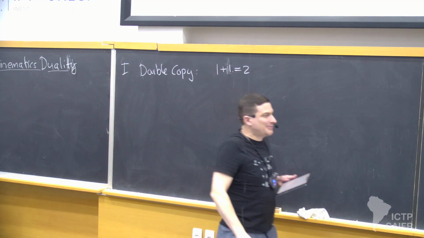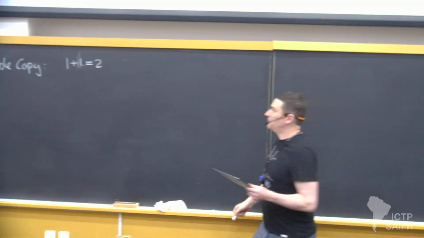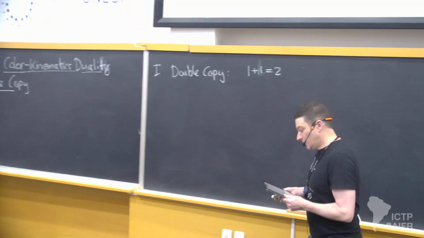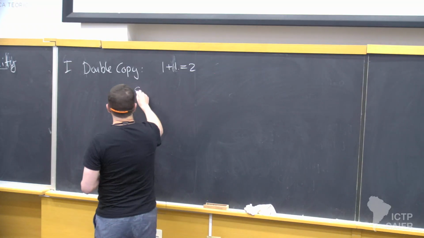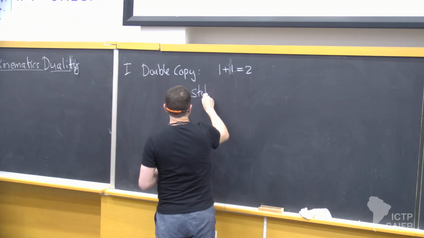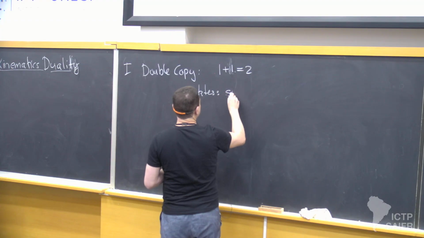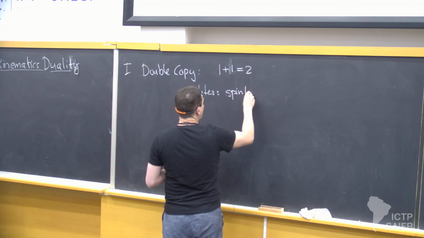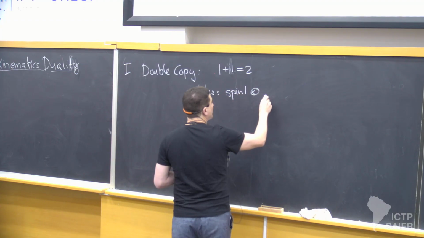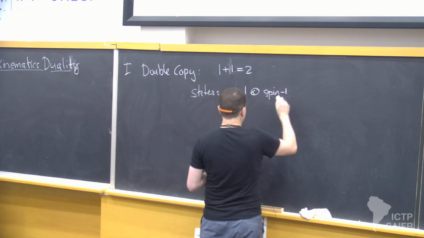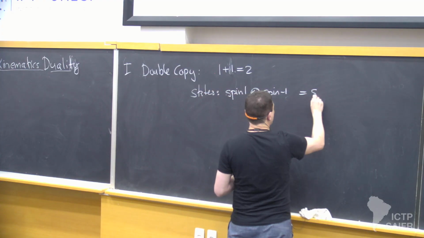Sometimes I like to write 1 times 1 is equal to 2, but that's of course not the correct equation. But that's essentially what we use. So what we use is that we have some states, and we like very much states which are spin 1. And what we do is that we tensor these spin 1 states. And then the result is going to be something which is spin 2.